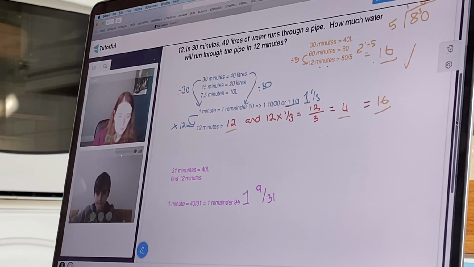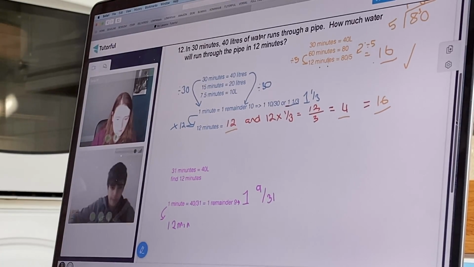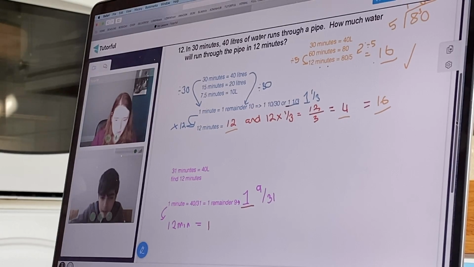But we can go straight to the 12 minutes by multiplying by 12. Then we do the same as what we did before. The 1 times 12 is 12.